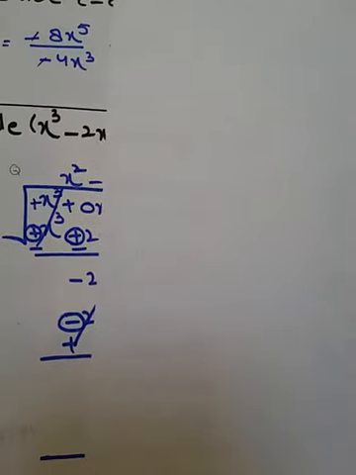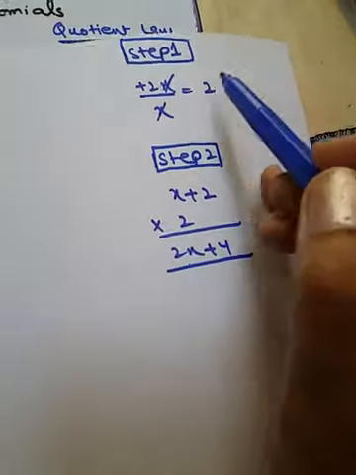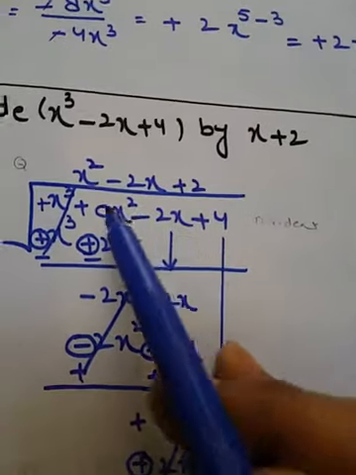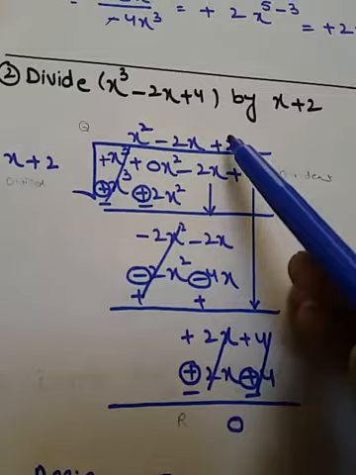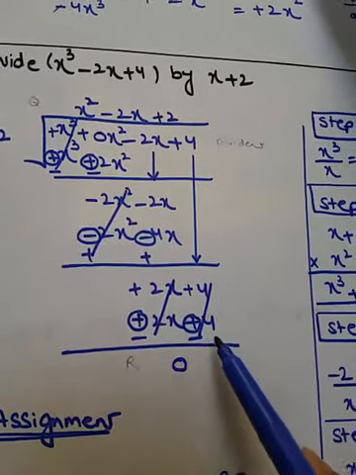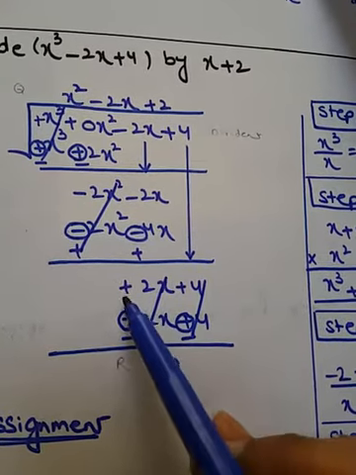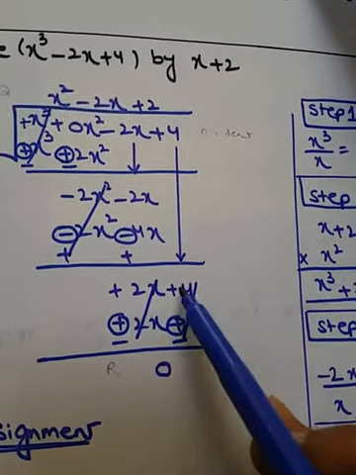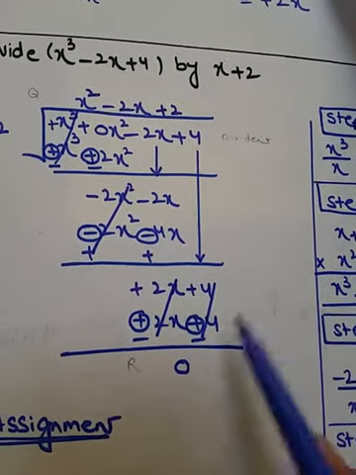Whatever you are getting in step 1, don't forget to write it here in the answer. Now this plus 2 we are going to multiply with the divisor, and after multiplication we get this. Now again we will change the signs, and plus minus cancel, plus 4 minus 4 cancel each other. Now the remainder is 0.